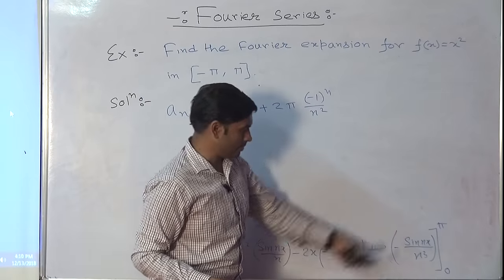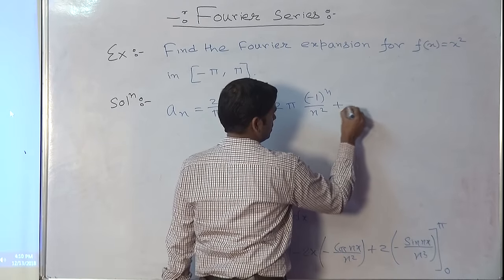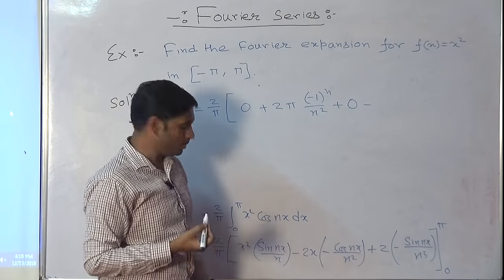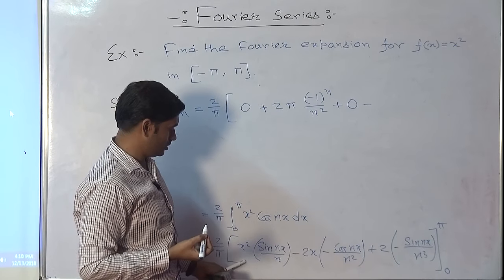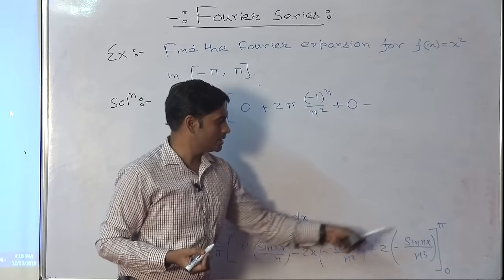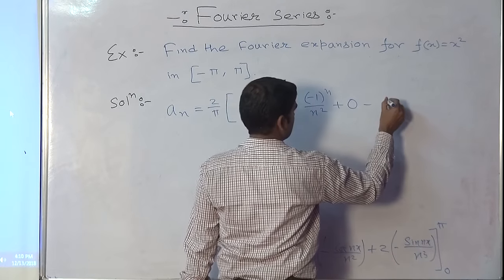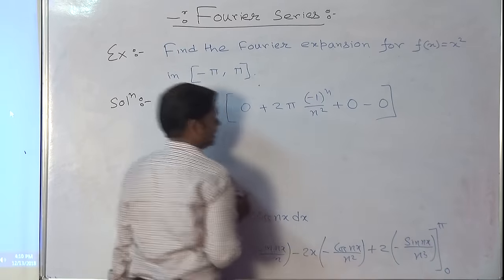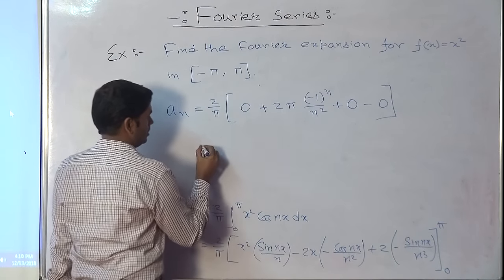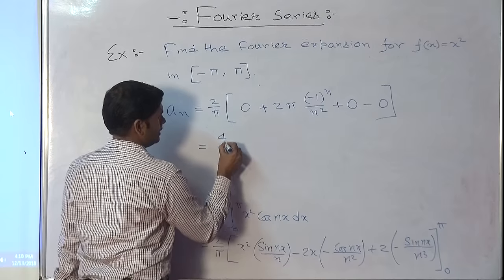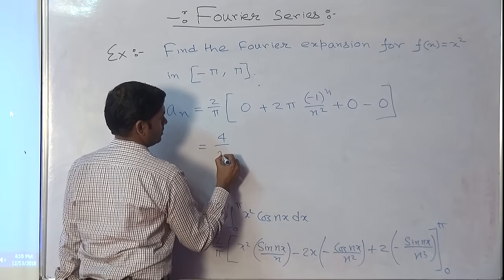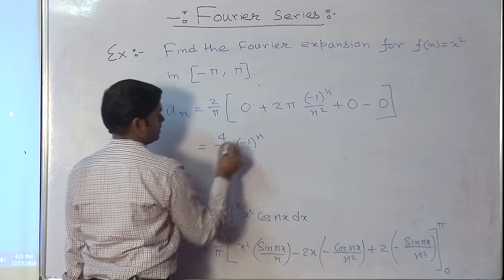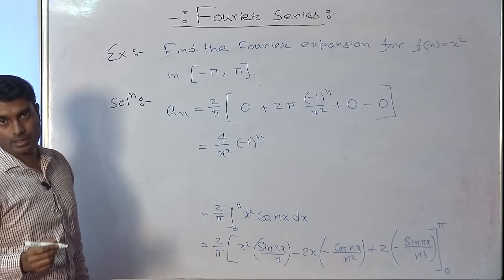Now again sine of n pi, that is 0. Now minus of, we put the limit 0, so this is 0, this is 0, and sine of 0 is 0, so all are 0. So the only remaining thing is 4 by n square, pi got cancelled, minus 1 to the power n. So this is our an.